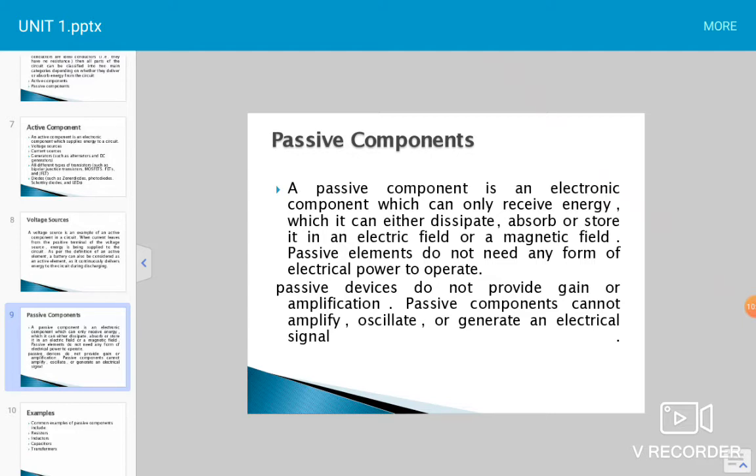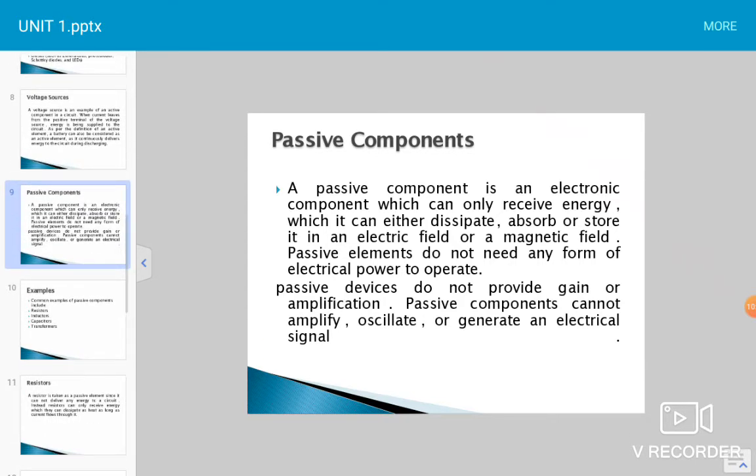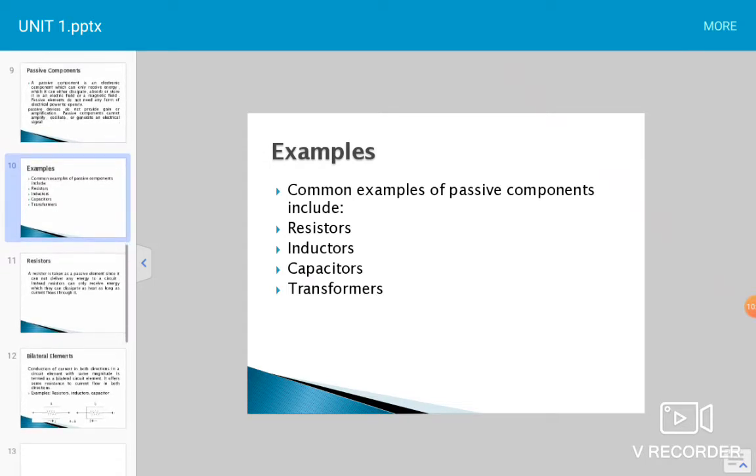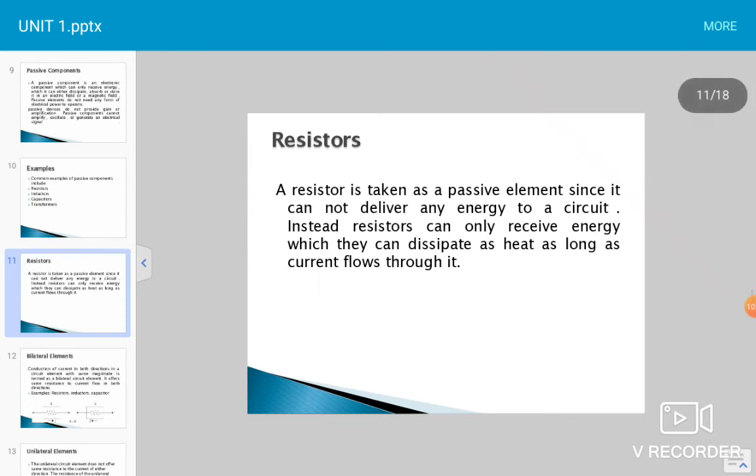In this way you have understood what the passive component is. So let's see examples of this passive component. Earlier I told you that the common examples of the passive components are resistor, inductor, capacitor, transformer, etc. Let's take one example of the passive component I have shown you in the figure.